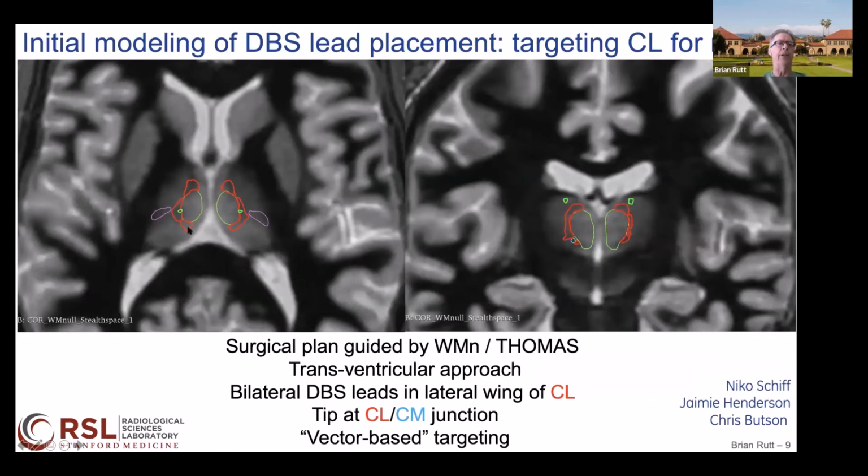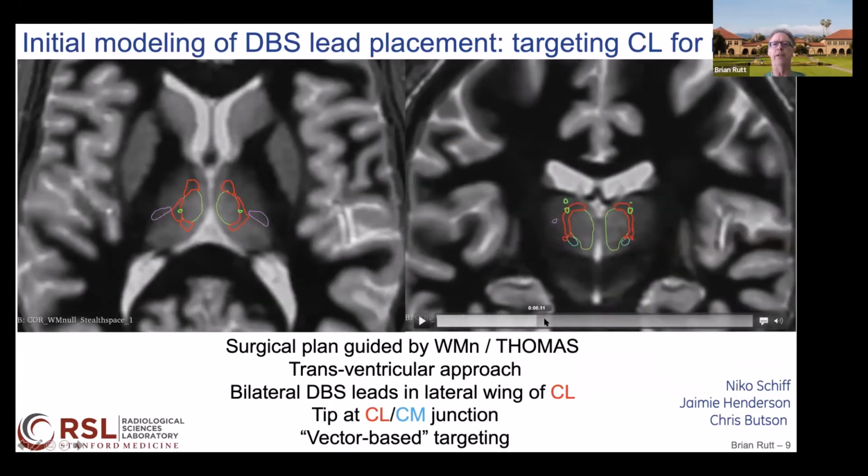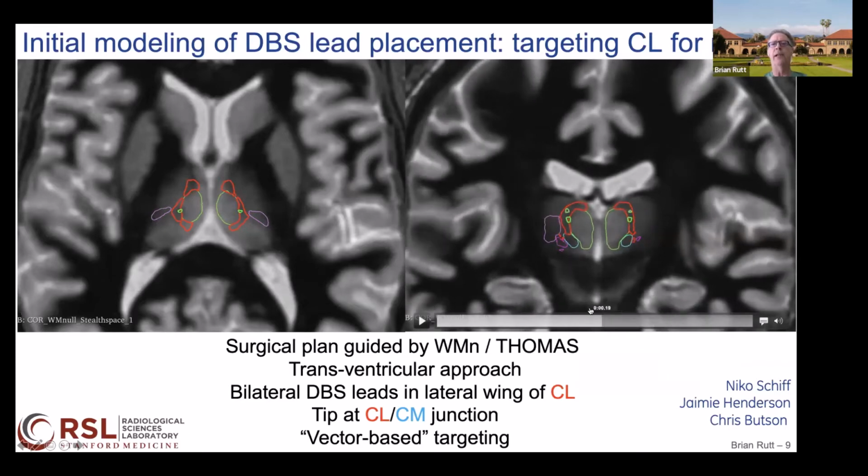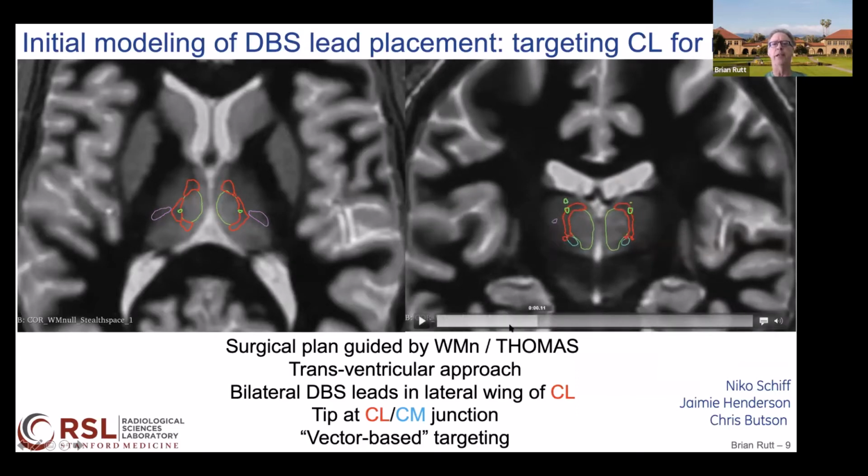And you can actually see the pre-surgical or initial placement of the electrodes here, maybe best seen in this coronal movie here as I'm panning through the coronal slices. You can see we're intending to place the 4 contacts of each of the bilateral leads that are shown in green here in the lateral wing of the CL nucleus, which is shown in red.